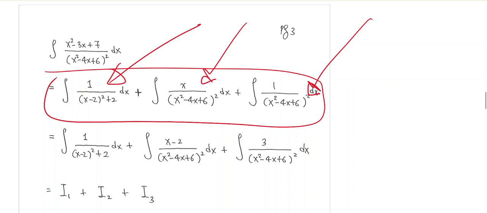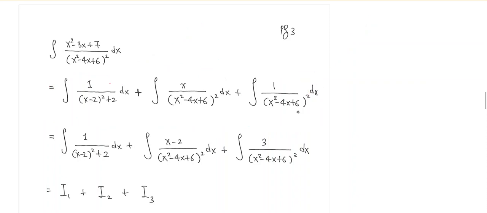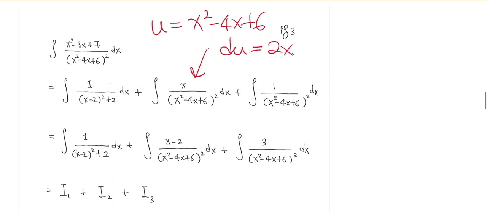So if you plan ahead, the only thing you have to worry about is, if you want to use the u substitution, I would think it's easier to substitute the whole thing here as your u. So that's not a problem. The problem is the du. The du is actually 2x minus 4, and we only have an x, so we can make 2x.